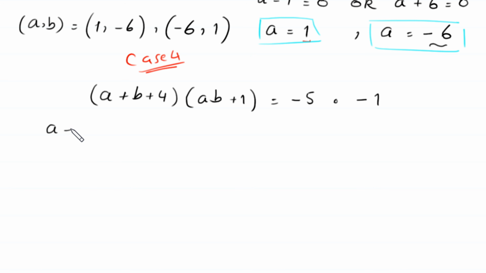So a plus b plus 4 will be equal to negative 5, and a times b plus 1 will be equal to negative 1.